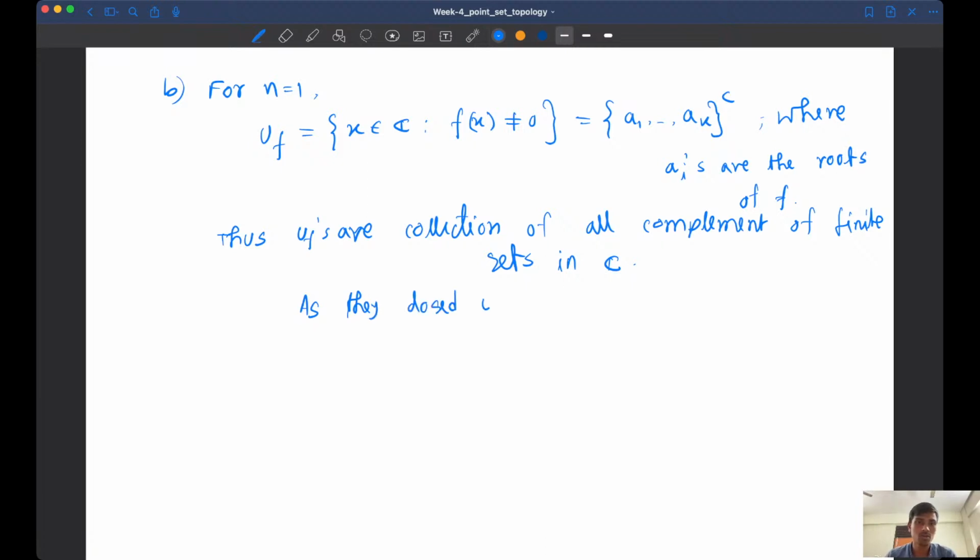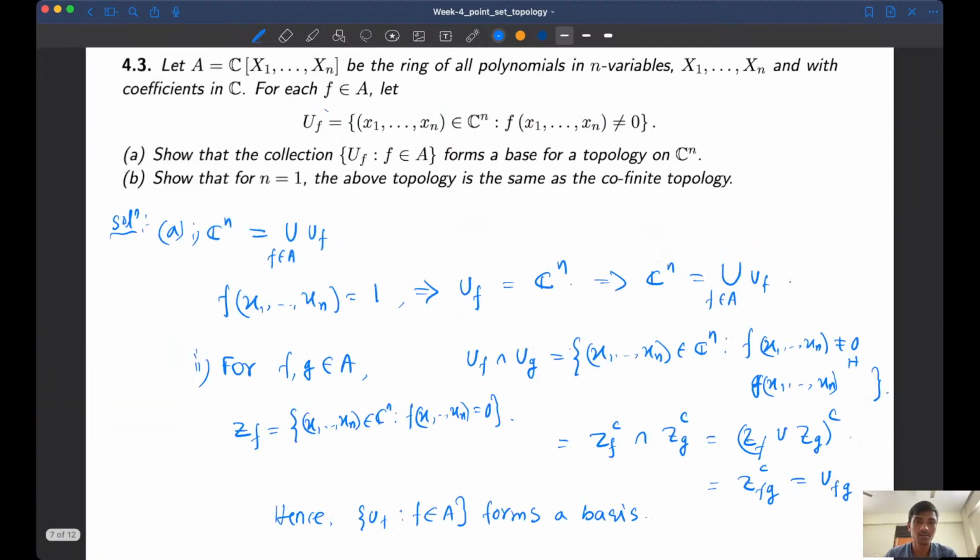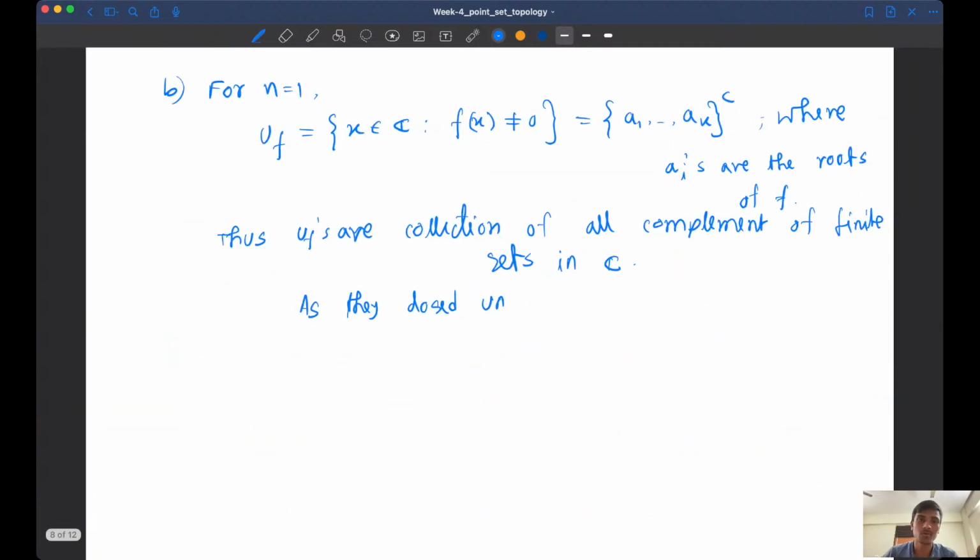That we already know, because the cofinite topology is a topology, and the elements are exactly of that form, the complement of a finite set.